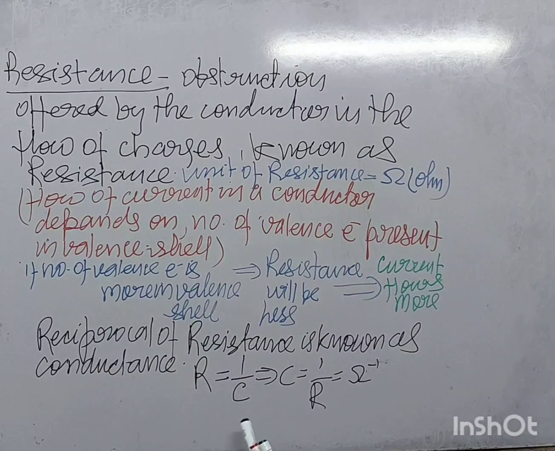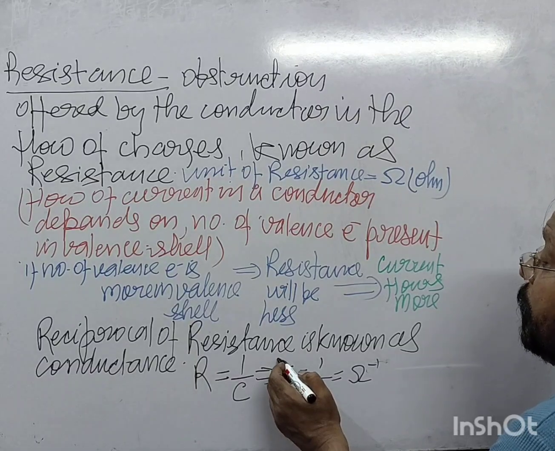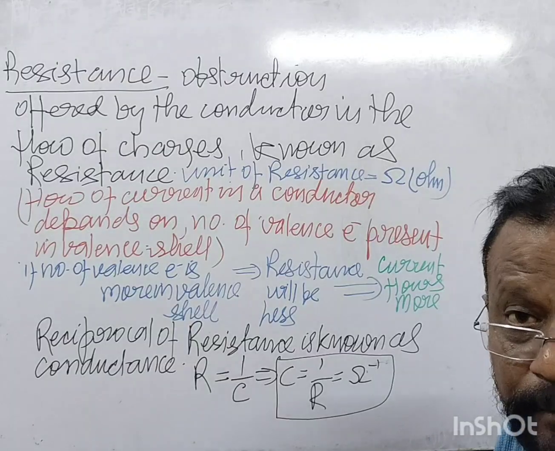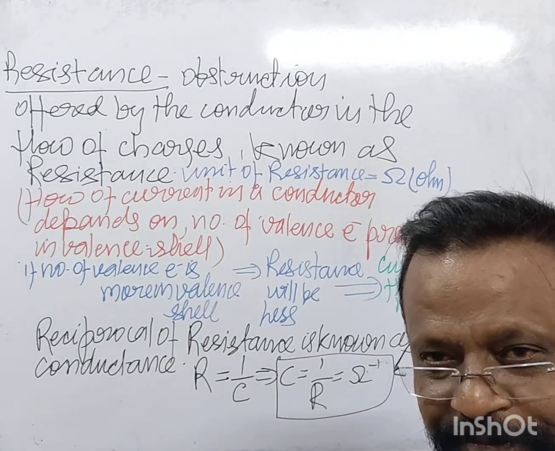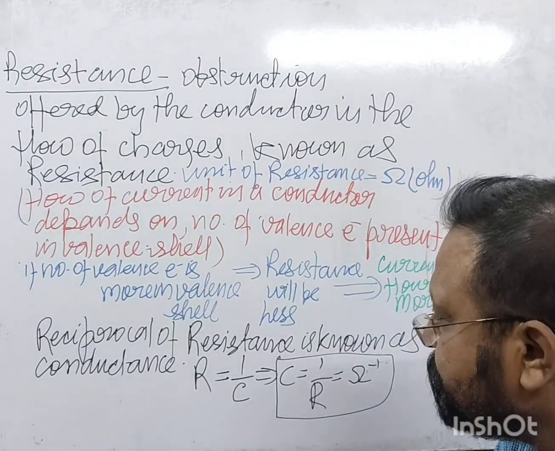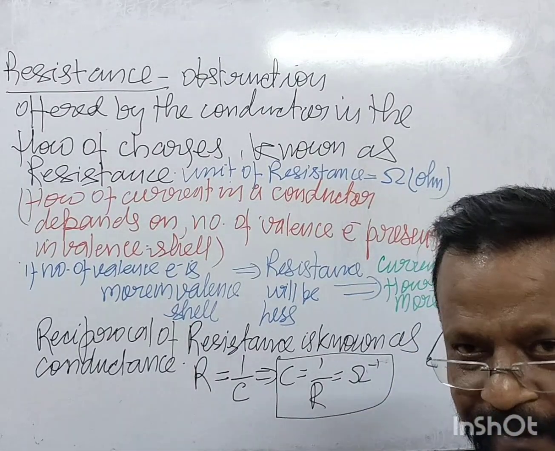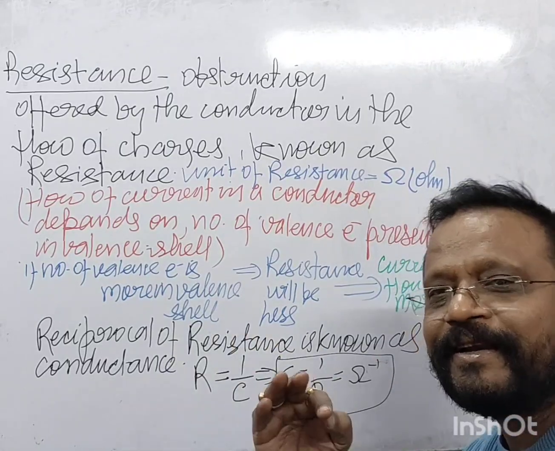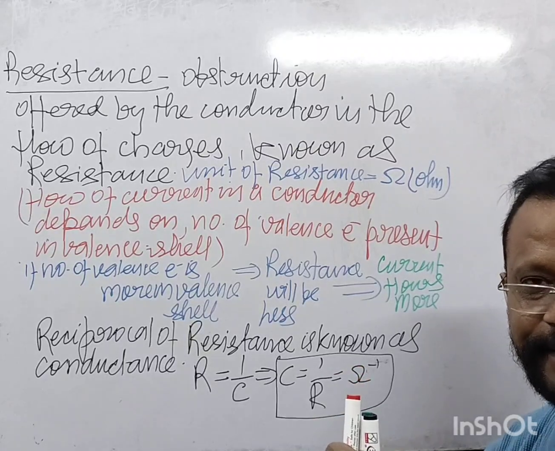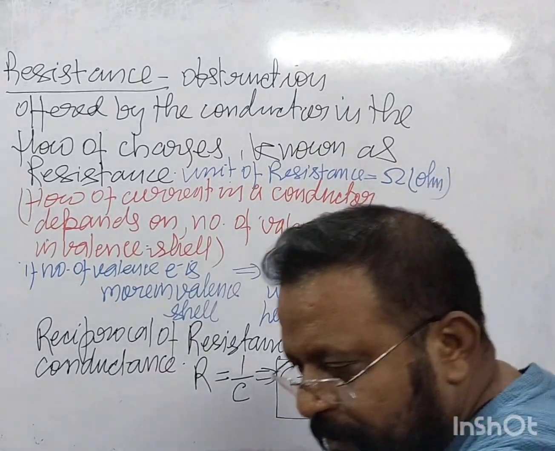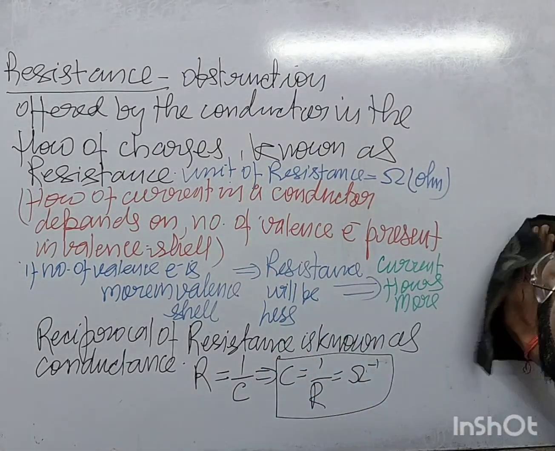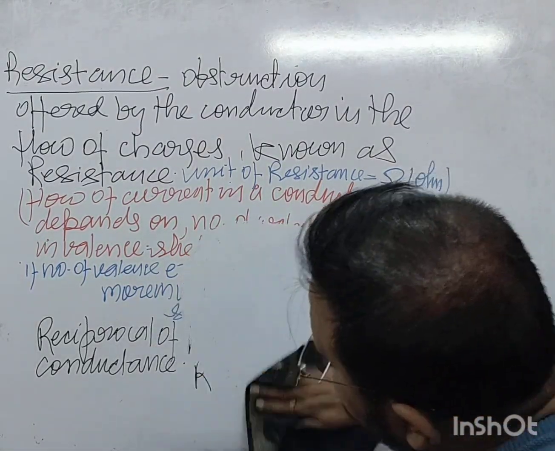This is conductance. If resistance is more, conductance will be less. If conductance is more, resistance will be less. So its unit is per ohm. Right?